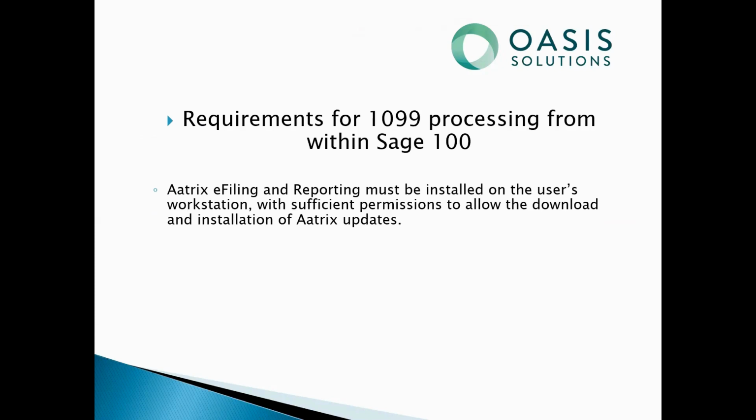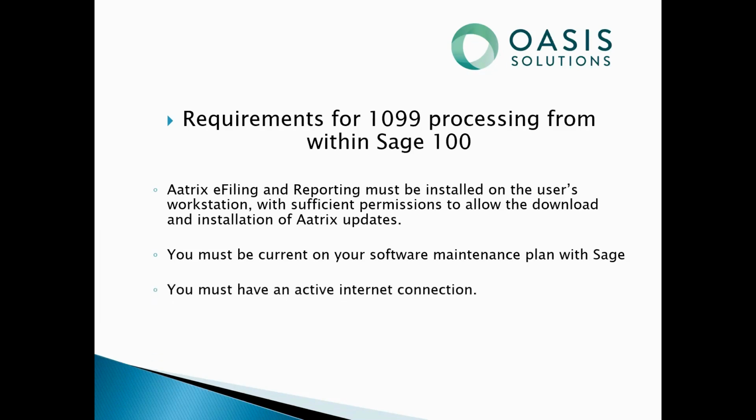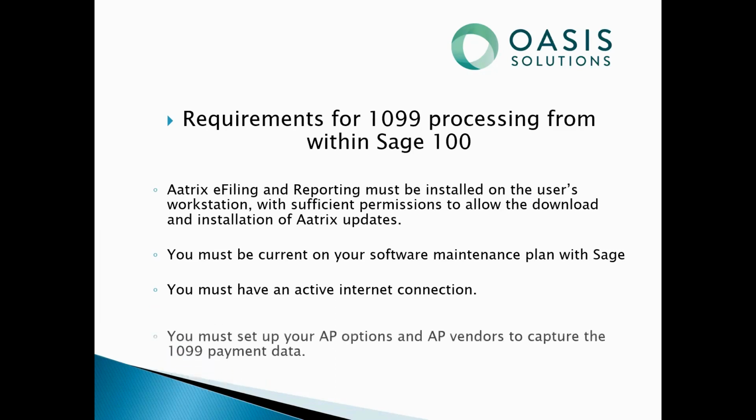And depending on your security settings, we may need assistance from your IT because we do have to have administrative rights on that install. And you must be current on your software maintenance plan with Sage. And you must have an active internet connection. It does require that.